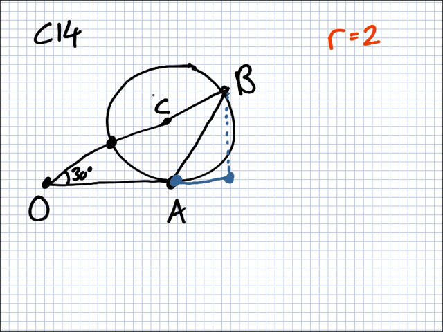The problem is we don't have any lengths here, so we'll have to work it out. So that's 30. What else do you know? You know that that's 2 and that's 2, because the radius is 2.